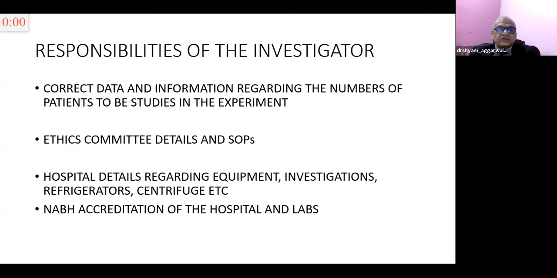Those details are fairly clear, and the SOPs are also there, which you need to adhere to. If the ethics committee says it will have one meeting in a month, it is its responsibility to conduct that meeting, because if you delay the meeting for whatever reason, the sponsor and CRO look upon the institution in a different way.